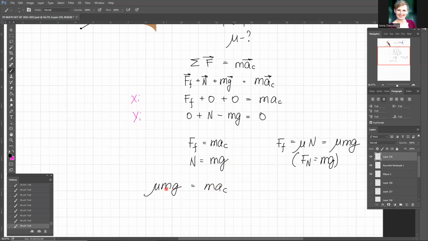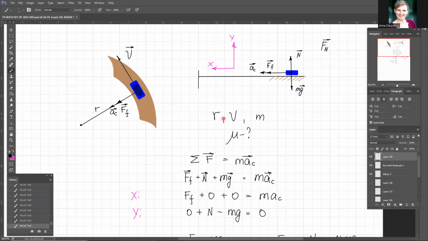At this point, we will notice that m's cancel each other. And mu, in fact, is AC divided by G. What is AC? I think we have everything we need for AC because centripetal acceleration is v squared divided by radius.